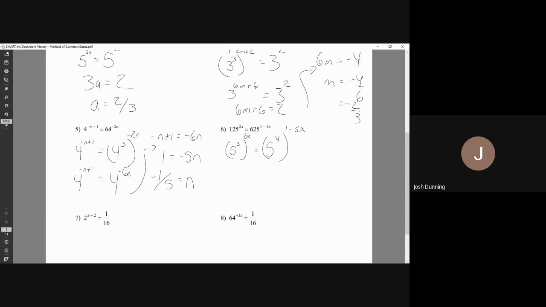Power to a power, multiply. Now don't forget on the right-hand side, we're multiplying the inside exponent times the outside one, but the outside one's a binomial, so it's like you're distributing.